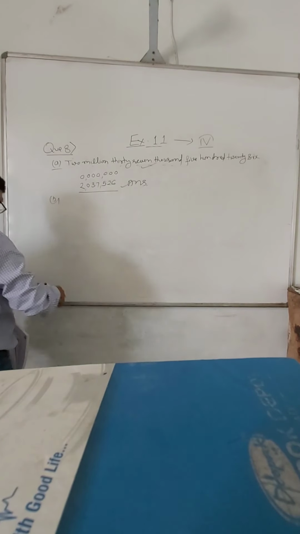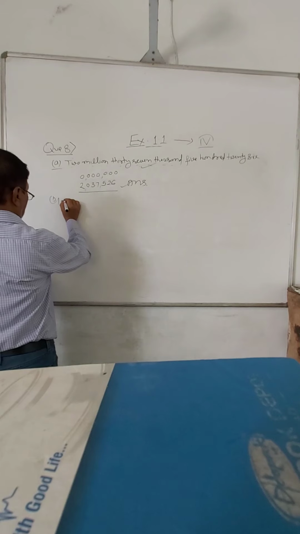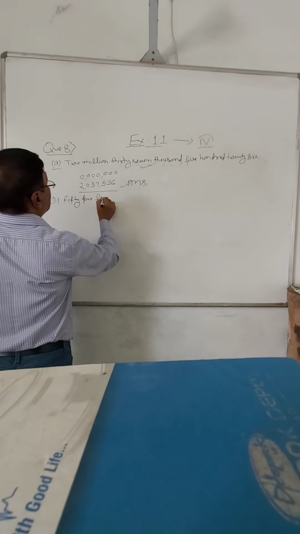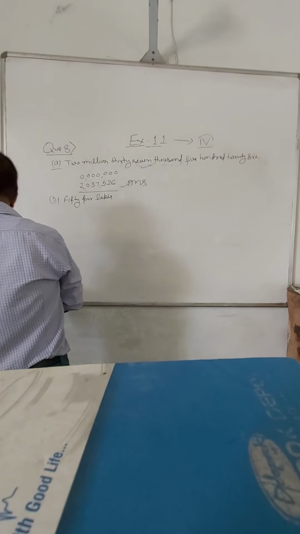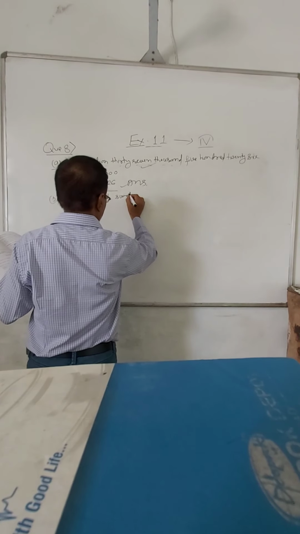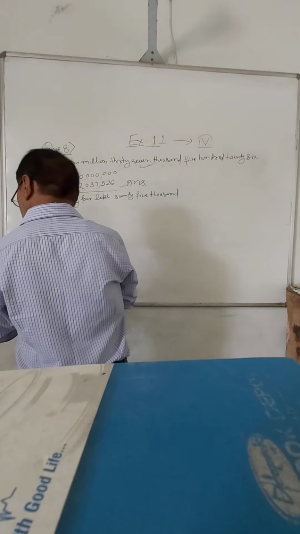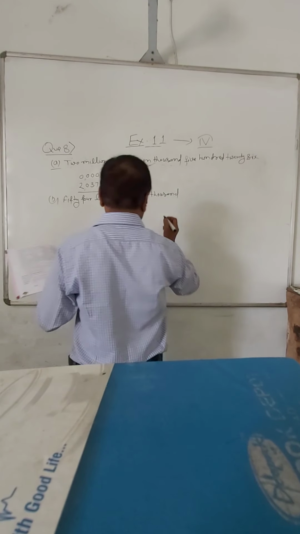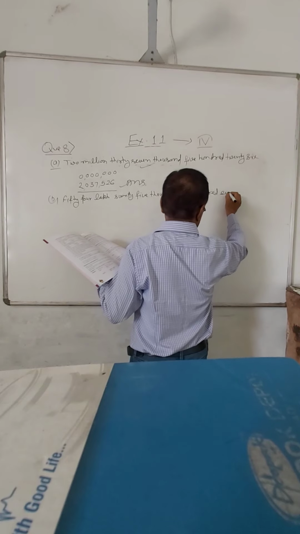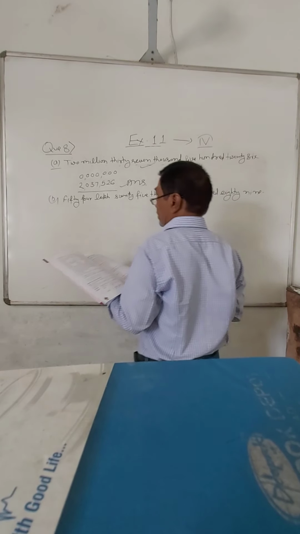Second, B: 54 lakh 75,000 689. This number you have to write.